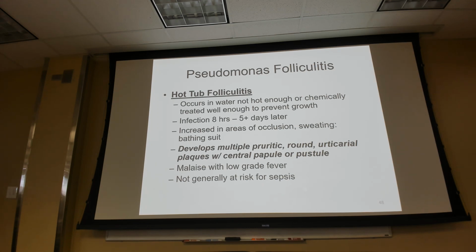So it's itchy, it's round, it's urticarial, plaques with central papules and pustules. So y'all know all of the papules and the pustules because you did it all in block 1, knowing what they are, what they look like, and how we fix them. They can also have a low-grade fever. It's not going to push us to sepsis, but we can't rule it out.